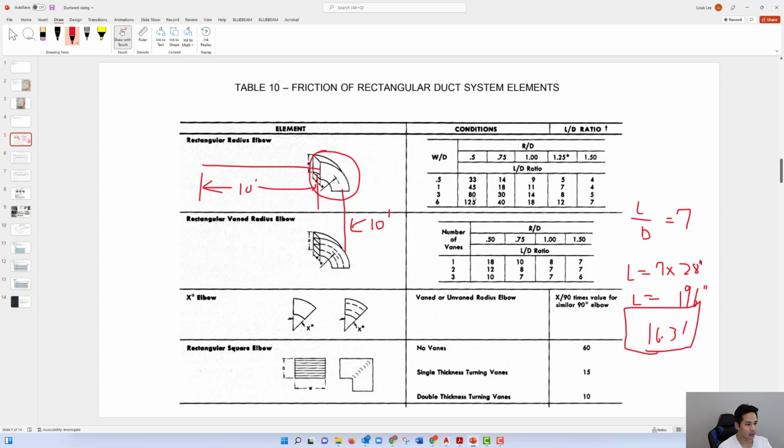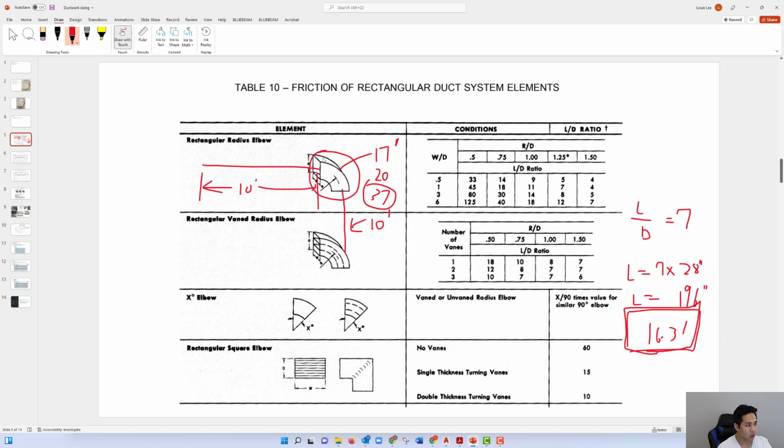And if the equivalent length, which is what we calculated, was 16.3, I'm just going to round it up to 17. This is the equivalent of 17 feet of straight duct. So when you calculate the total friction loss across this whole thing, you have to apply it to a distance of 20, which is this, plus the 17. So that's going to be 20 plus the 17, so you're going to get 37.